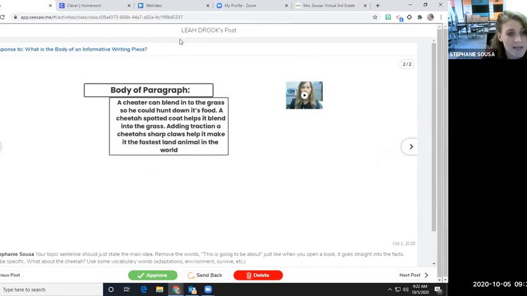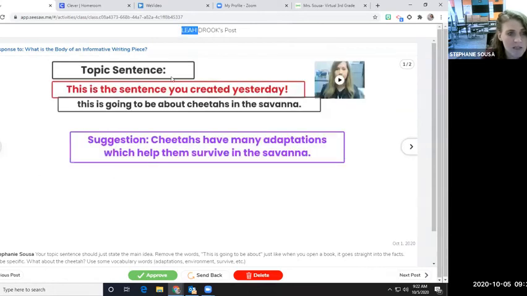So it would make sense if my name is Leah, that my conclusion sentence would also be about cheetahs. It would not make any sense for my conclusion sentence to be about monkeys, because Leah has been writing about cheetahs the whole time. So you're going to follow the same topic that you were working on last week. Okay?